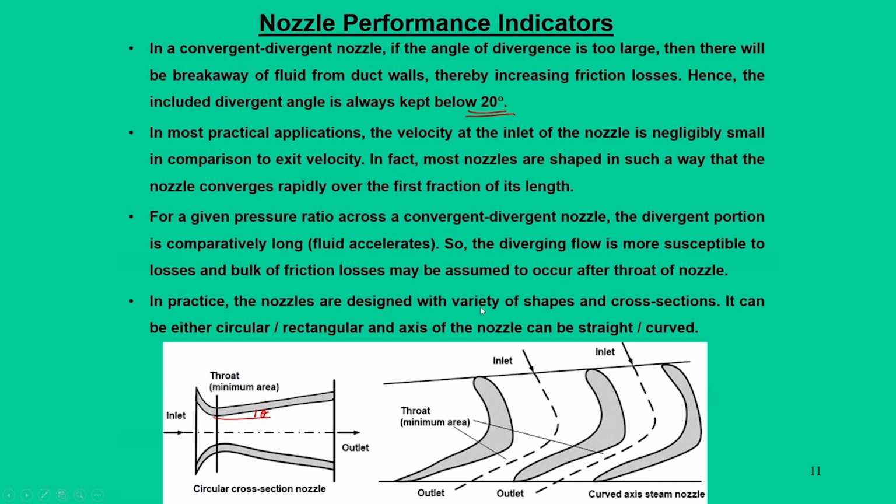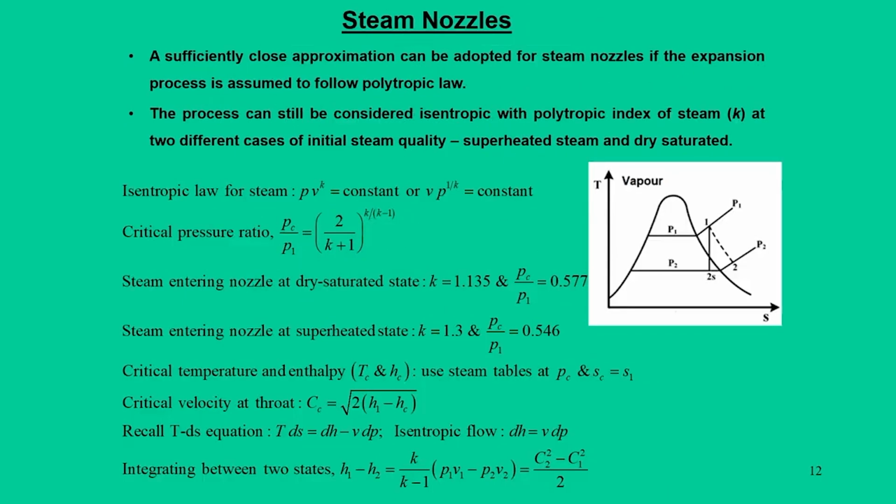So, steam nozzles are generally curved, and when the nozzle is used for perfect gases, it can be either circular or rectangular. The main difference is that with convergent divergent nozzles the intention is to generate thrust, and with curved axis nozzles the intention is to generate power.